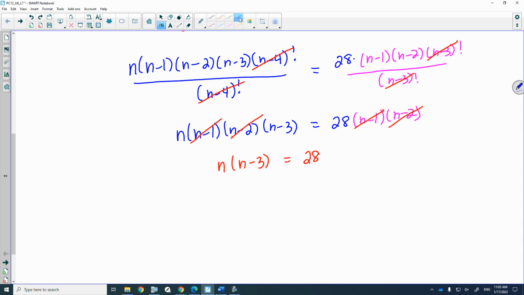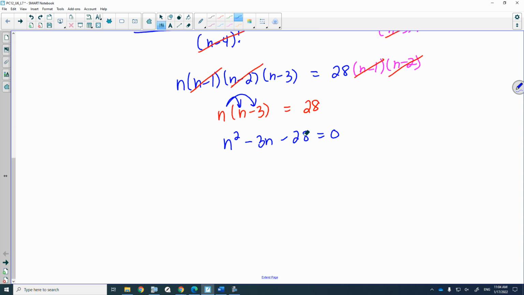So from here, you're going to get a quadratic, n squared minus 3n. I'm going to bring the 28 to the left-hand side, so negative 28 is equal to 0. And then with your quadratics, you can factor that. So we're going to factor by inspection, PSA 1. Two numbers that multiply to negative 28 and sum to negative 3 would be negative 7 and 4. So n minus 7 and n plus 4 is equal to 0.